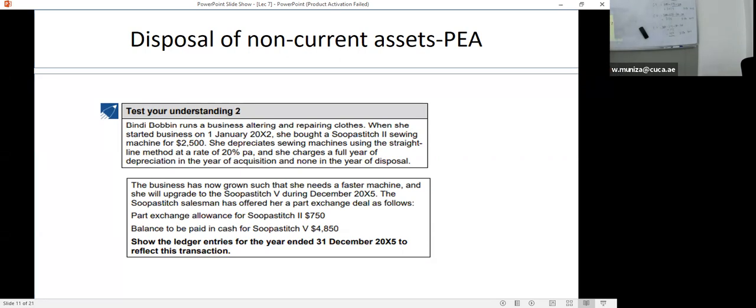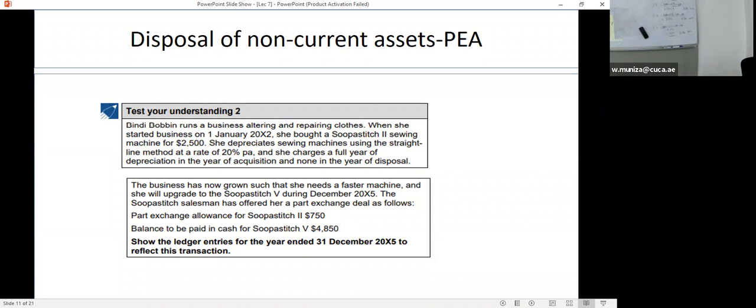The business has now grown such that she needs a faster machine and she will upgrade to the Super Stitch 5 during 2005. So in 2005 we are going to dispose of an asset. Prior to that we are going to take the depreciation. At 31st December 2002 we are going to take full year depreciation.